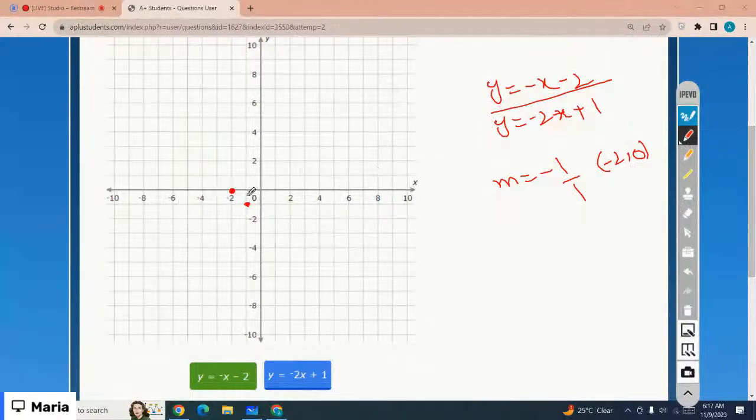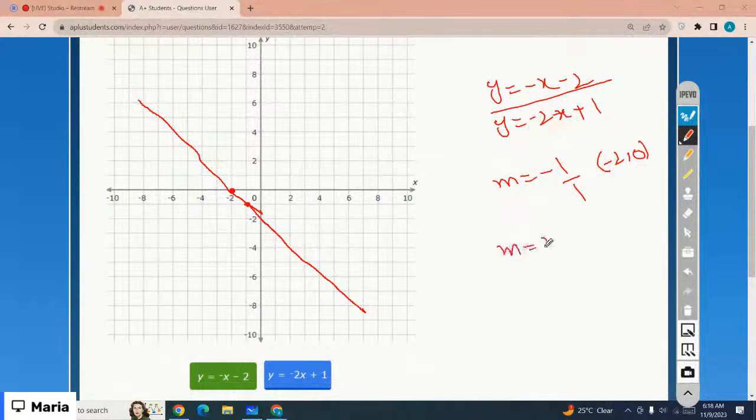Okay, so the second one is, let me just connect. The second one is y equals negative 2x plus 1.